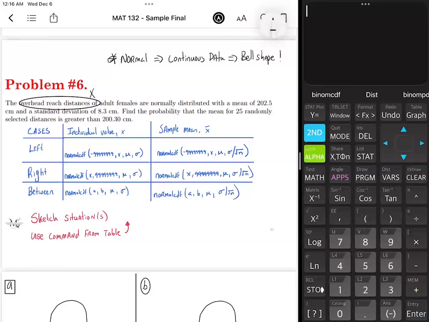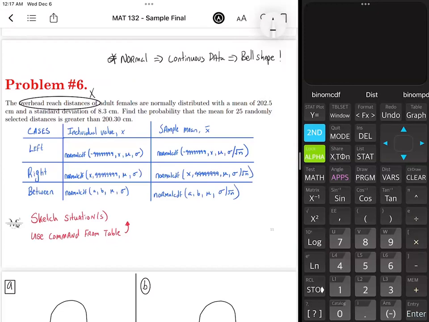So underneath this problem, I wrote out some key notes regarding the TI-84 that you can use. So there are some important cases here. If you have an individual value x, you're using your normal CDF command, and if you're dealing with a sample mean, you're also using a normal CDF command, whether it's for a left, right, or between case.